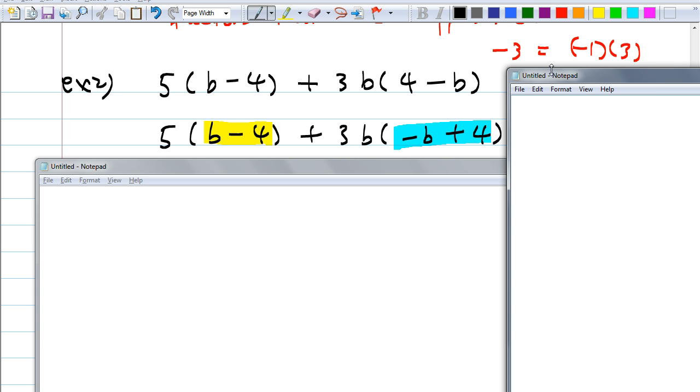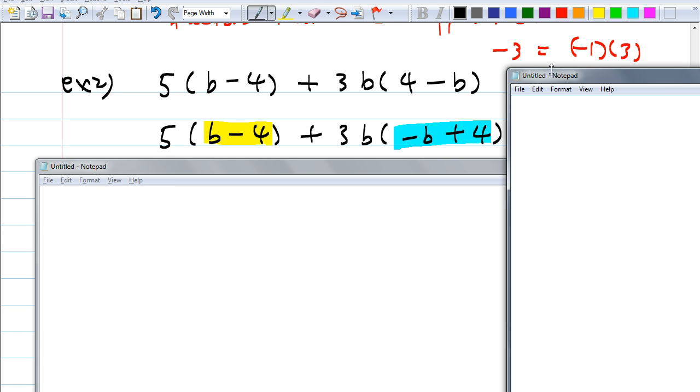Sarah, you see something interesting? You can multiply b minus 4. Okay.